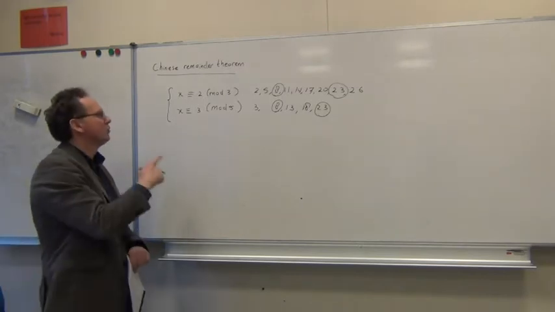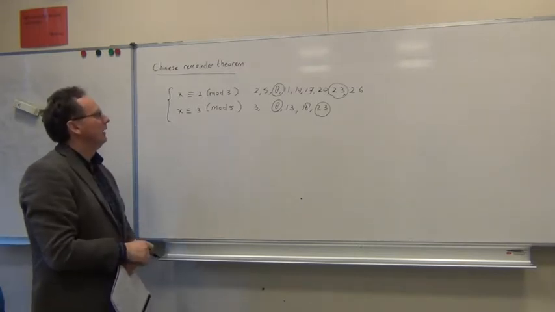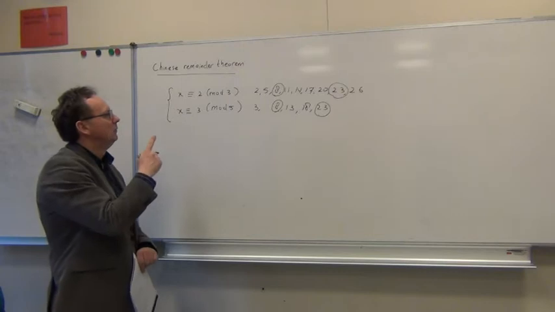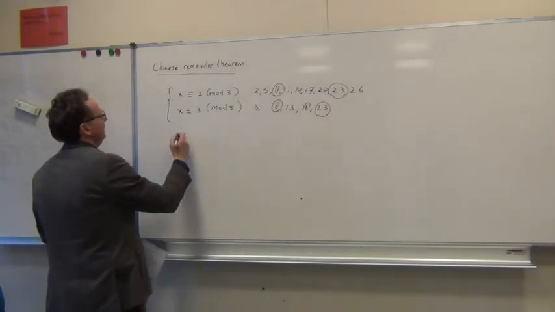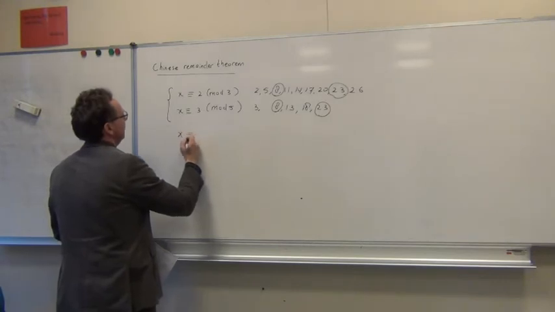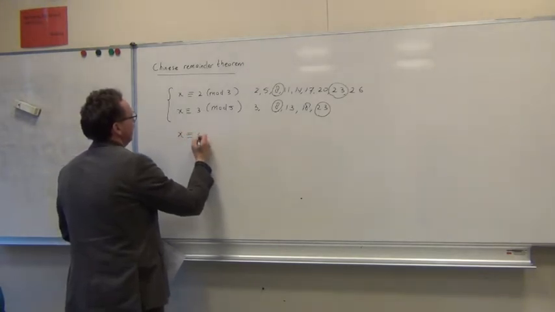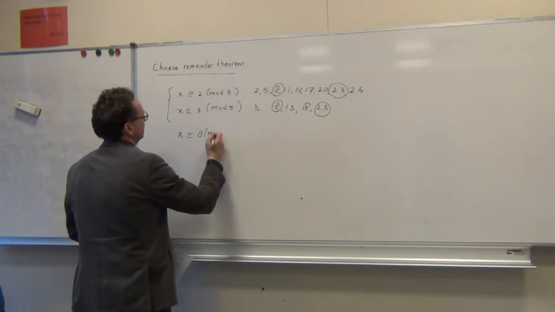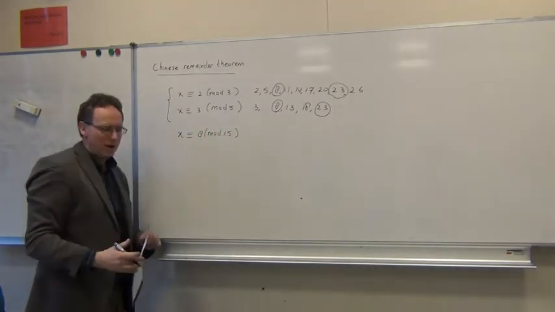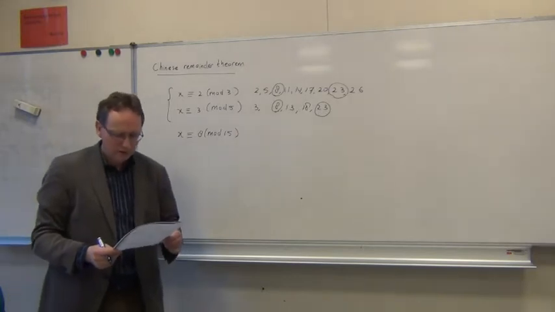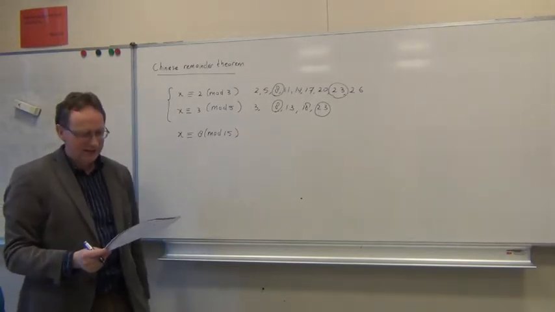So it turns out there is a unique solution modulo 15. You can say this system can be summarized by writing x congruent 8 modulo 15. And so there is one unique solution modulo 15.